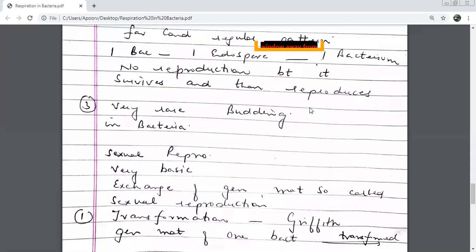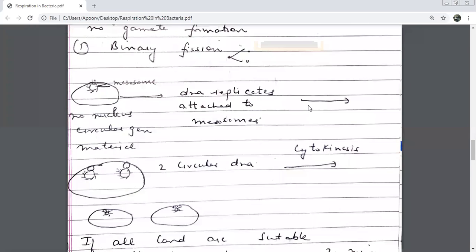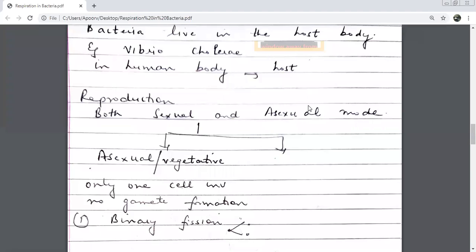In unfavorable conditions, first endospore formation, then binary fission. And the rarest, most recent, which has been observed and has come to records, is that the budding process has been observed in bacteria. Clear, beta? Everybody is okay with asexual reproduction? Yes, ma'am. Okay. When we study asexual reproduction, we'll study under three headings. What is the first one? Which fission?